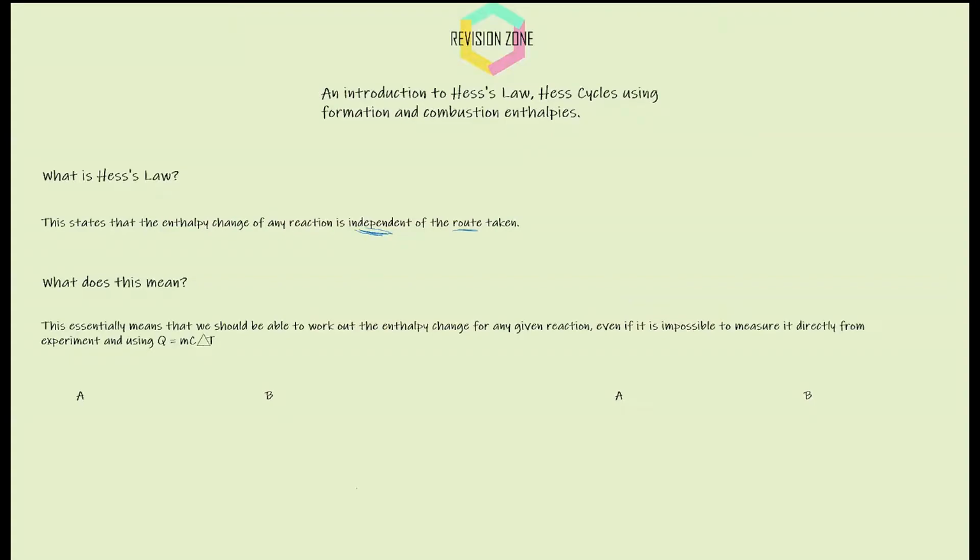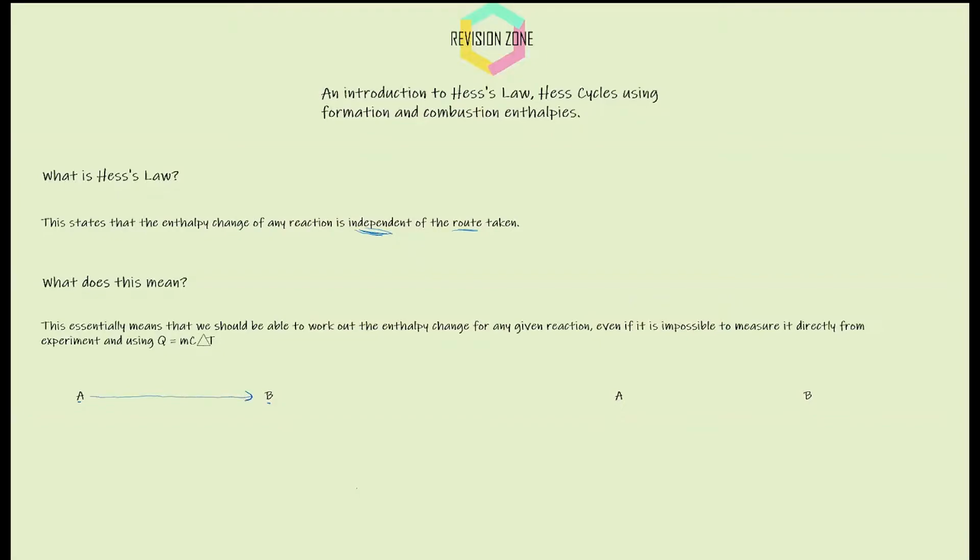So we're going to start off with this example here. Just very generic, like I said in the introduction. What it means is if I want to get from point A to point B, normally the easiest way is to go in a straight line.